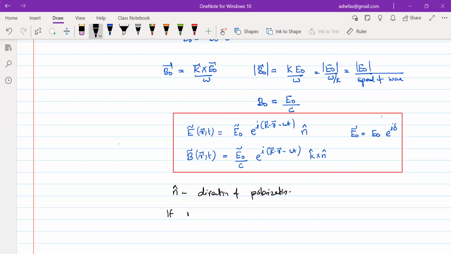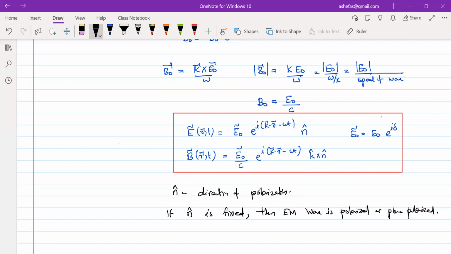So if n is fixed, then we can say that the electromagnetic wave is polarized, or plane polarized. So that is one thing.